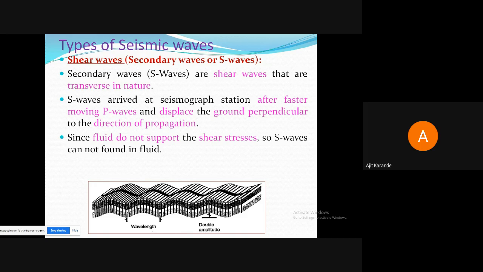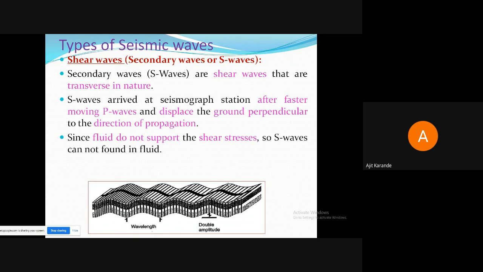Then, as far as the damage caused by these waves is concerned, yes, these waves cause shaking of the structure in the horizontal direction, thereby inducing large shear forces in the structure. So, as and when shear waves occur, different types of shear forces may be induced in the structures.